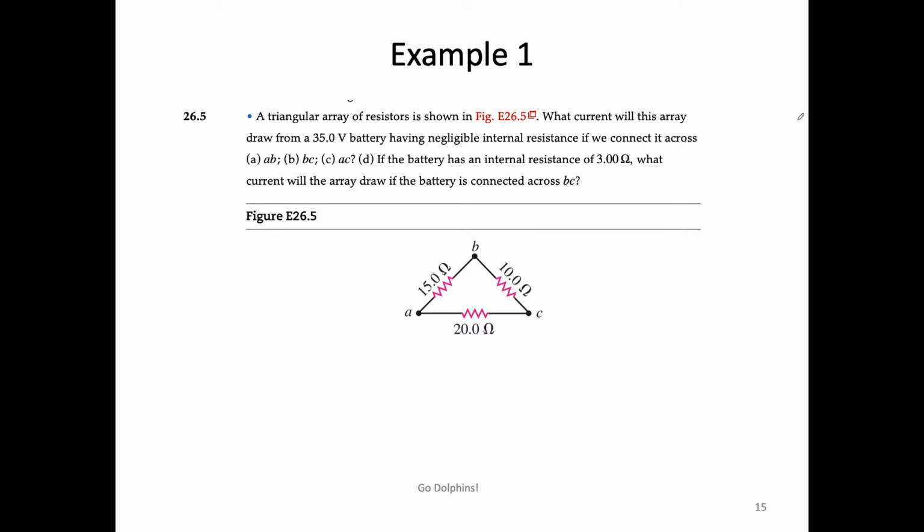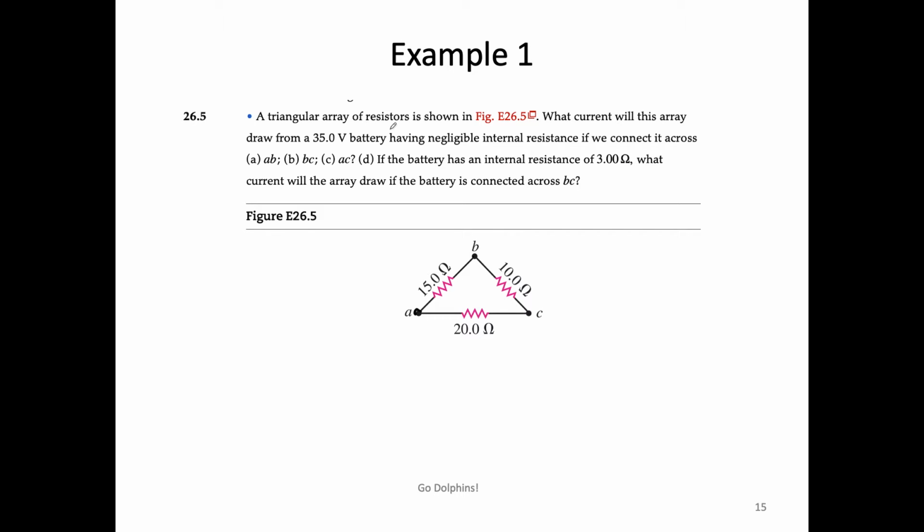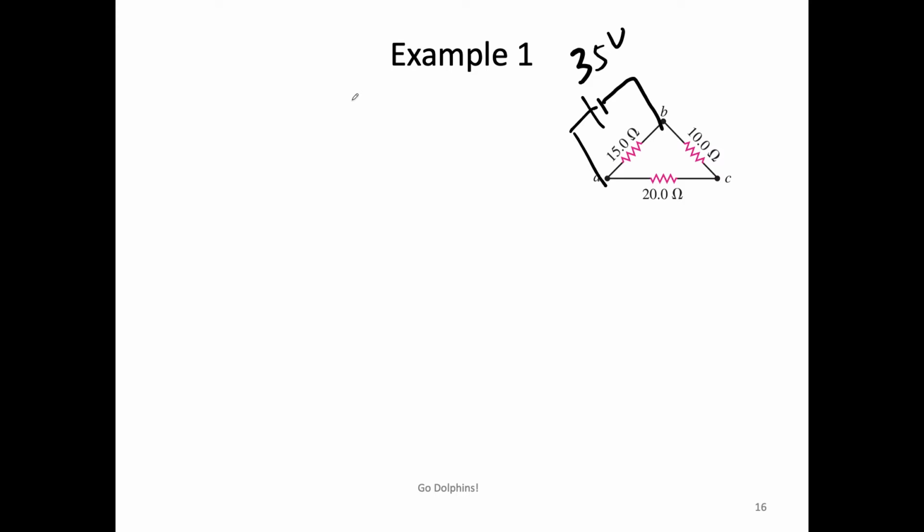We have three resistors connected like this as a triangle, and we want to find the equivalent resistance if you connect your battery over the two points A and B. Basically, we apply a 35 volt battery on A and B. What would be the net current going through here?